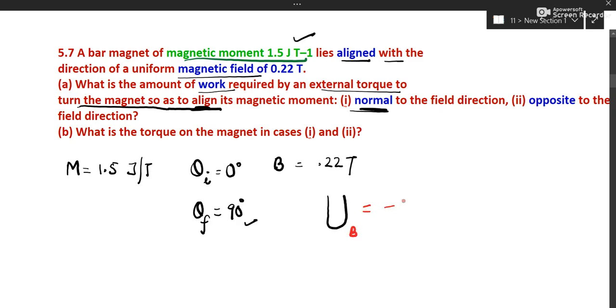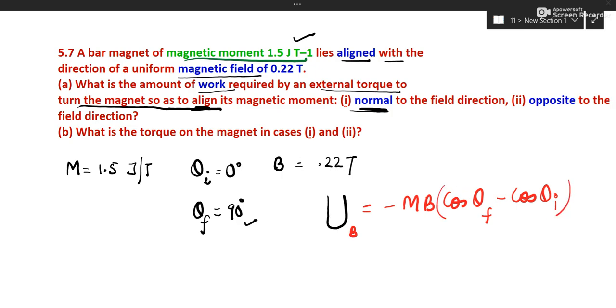It is minus mB times cos theta final minus cos theta initial. You can just substitute and calculate. The final angle is 90 degree, cos 90 is 0, and cos of the initial angle is 1. Substitute, m and B are already given, and calculate.